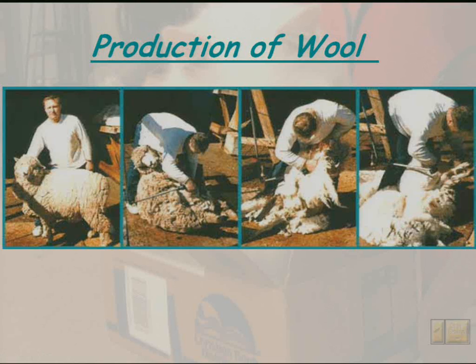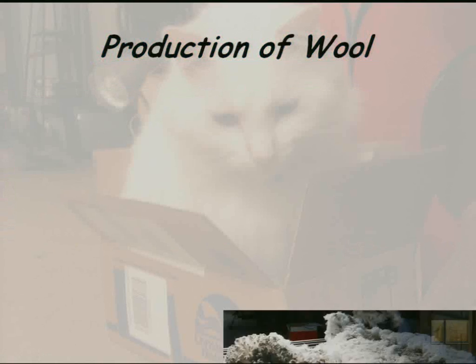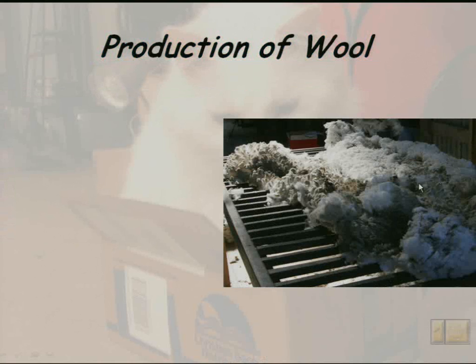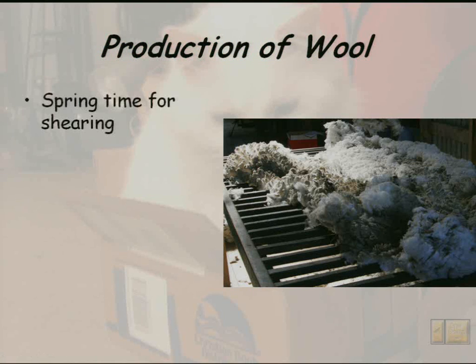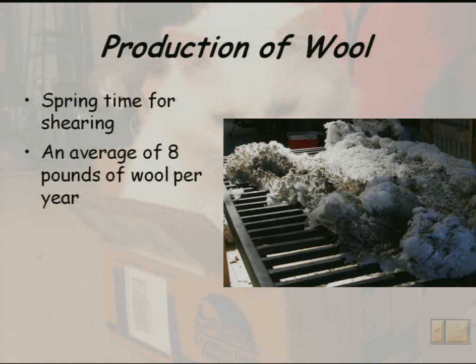We don't have time in this podcast. Okay, this is what happens after that. It goes through a belt that cleans all kinds of things out. So it's in the springtime, and the average is about 8 pounds of wool per year, but we can use only 3 to 5 pounds, because it has all the dirt, the leaves, and all the things attached to the hair of the animal.